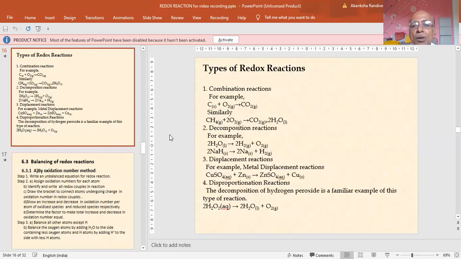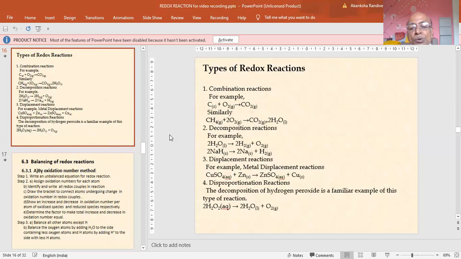The types of redox reaction, the fourth type is disproportionation reactions. The decomposition of hydrogen peroxide is a familiar example of this type of reaction. That is, twice of H2O2 aqueous gives twice of H2O liquid plus O2 gas.